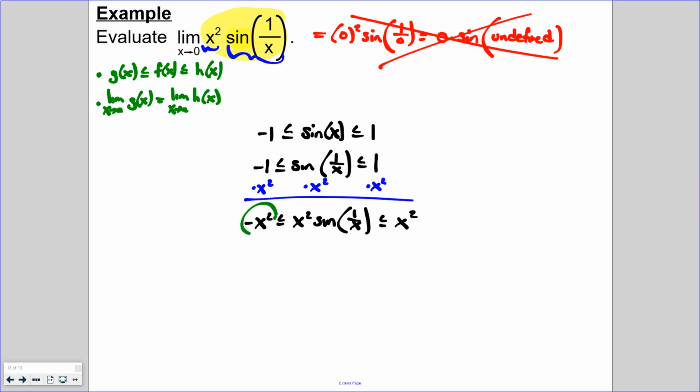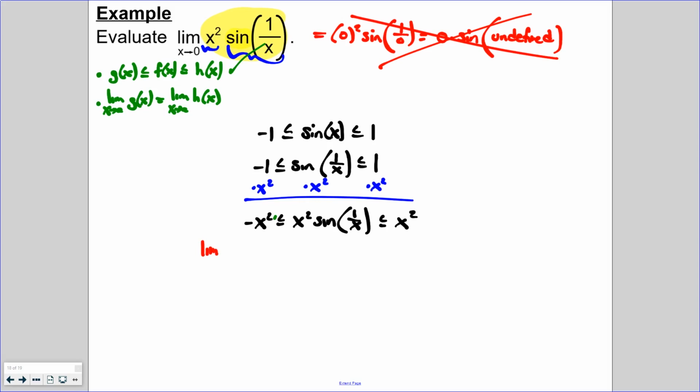We have a function that's always going to be less than x squared times sine of 1 over x, and we have a function that's always going to be greater than x squared times sine of 1 over x. So our first condition is satisfied. Now next up, we just have to make sure the limit of the lower function equals the limit from the upper function. And we are trying to find the limit as x approaches 0. So we're just going to take the limit of each piece.